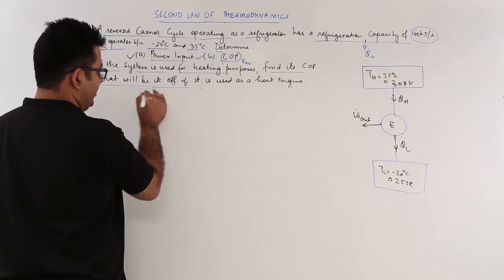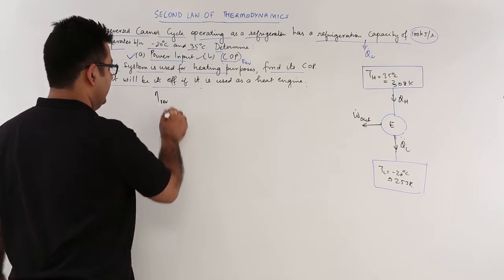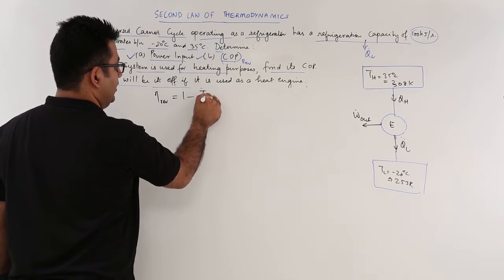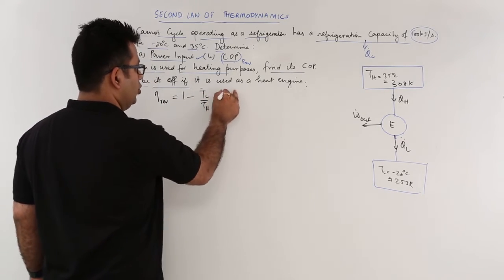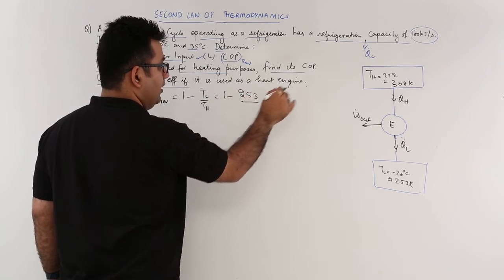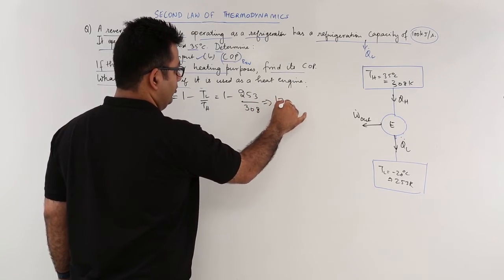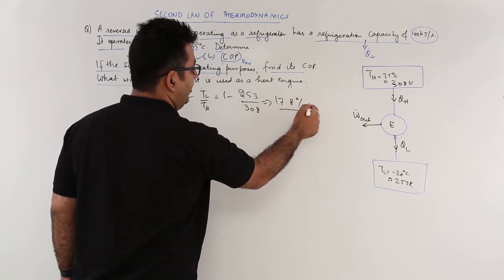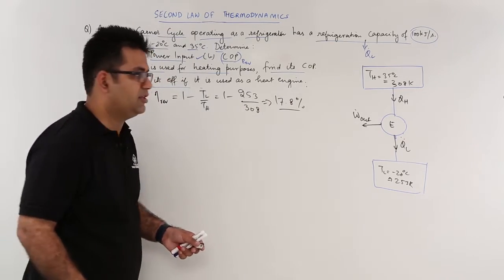So the efficiency of this reversible heat engine would be equal to 1 minus TL upon TH. We know this. So 1 minus 253 upon 308 gives you a value of 17.8% efficiency. So we are done with the whole question now.